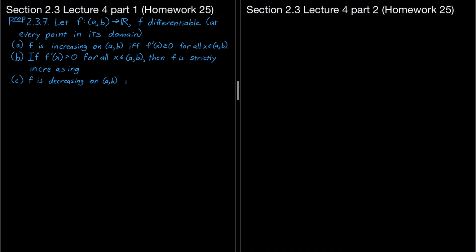It's exactly what you think it should be: if and only if f prime is less than or equal to 0 on that interval, meaning f prime of x is less than or equal to 0 for every x in AB. And if f prime is strictly negative on AB, then f is strictly decreasing.